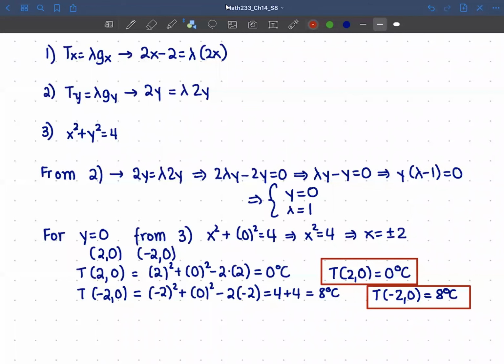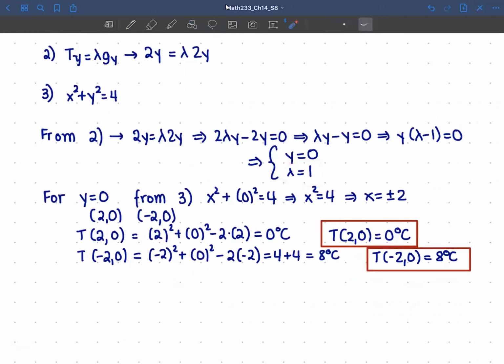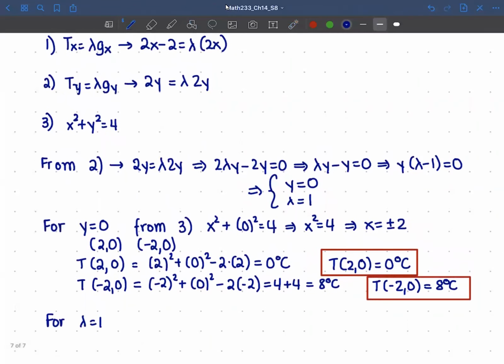So we checked what happens with y equals 0. Now let's see what happens when lambda equals 1, the second root that we have found. For lambda equals 1, substituting that into equation 1, we get that 2x minus 2 is equal to 2x.